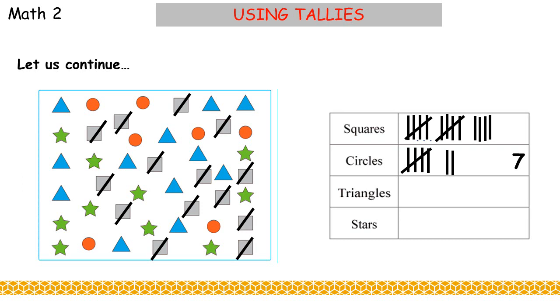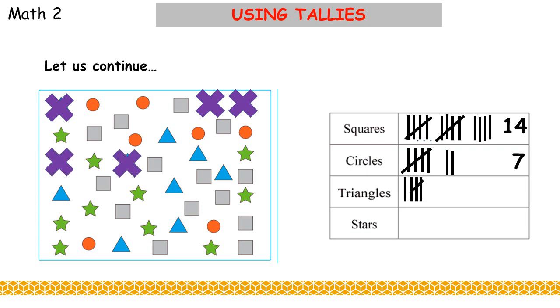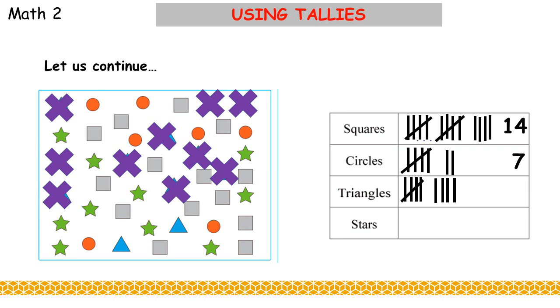How many squares do we have? Yes, we have 14 squares. Next, we will be counting the triangles. How many triangles do we have?